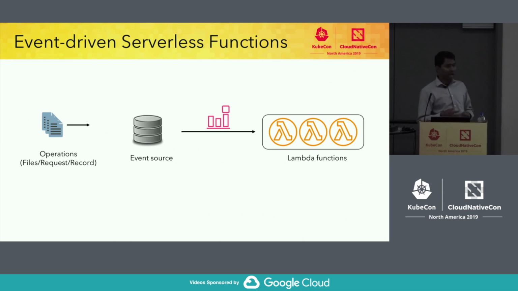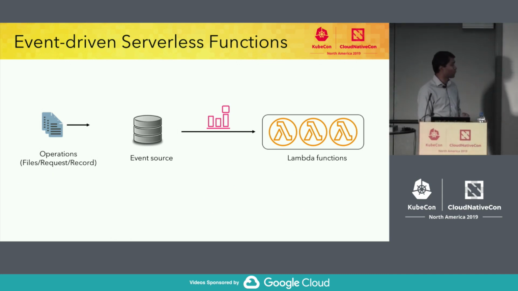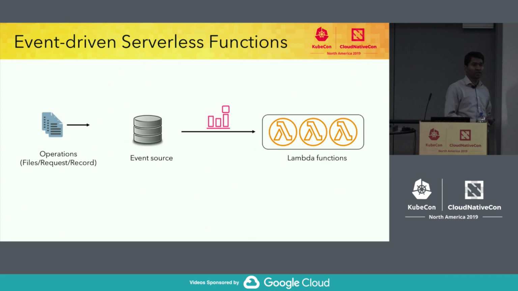For example, Lambda functions can subscribe to an S3 bucket and wait for put-object events. As soon as objects are inserted into the S3 bucket, an SNS event will be generated and the Lambda function will be invoked. The function gets the context, the actual information about the object being uploaded, processes that object, does whatever it is supposed to do, and then goes back to sleep.